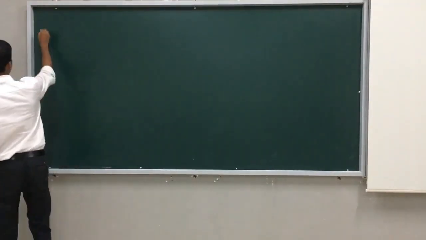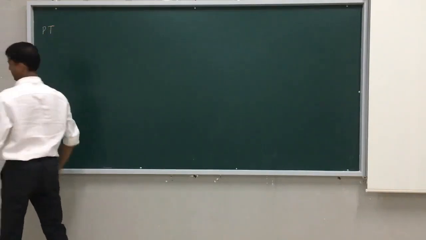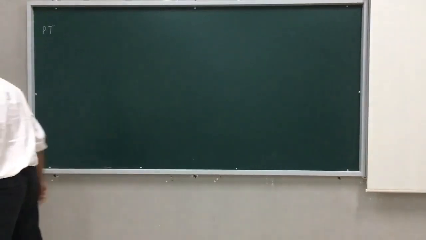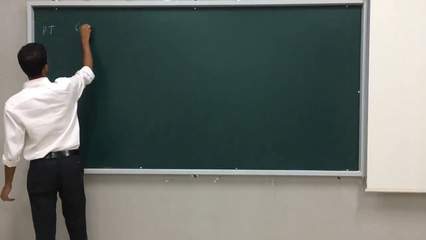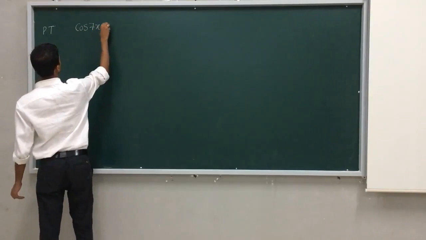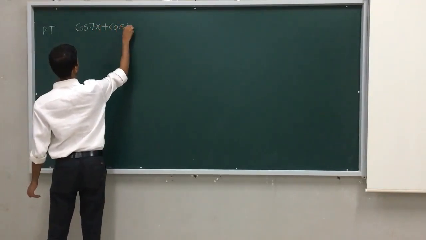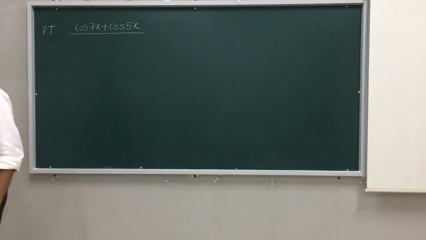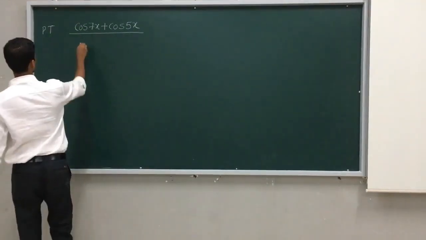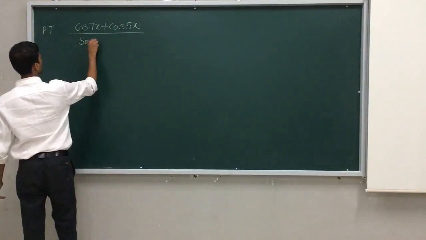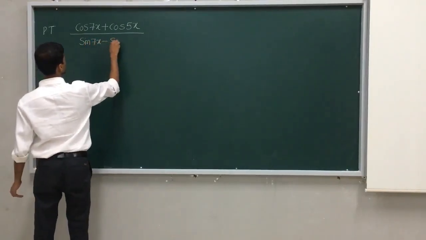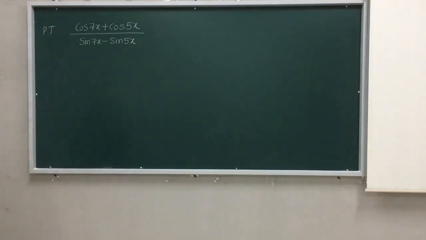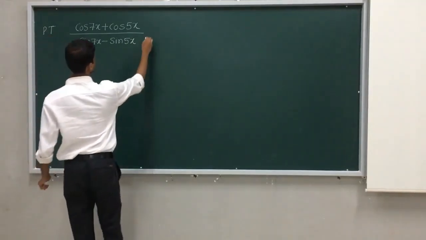Let me discuss a bit interesting and very important question which you can expect on the question paper. Prove that cos 7x plus cos 5x divided by sin 7x minus sin 5x equals cot x.